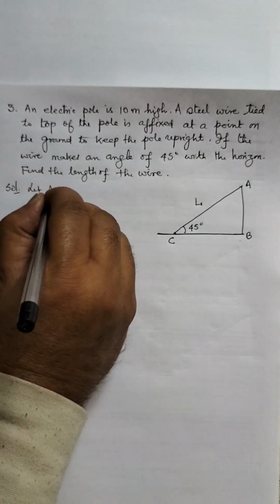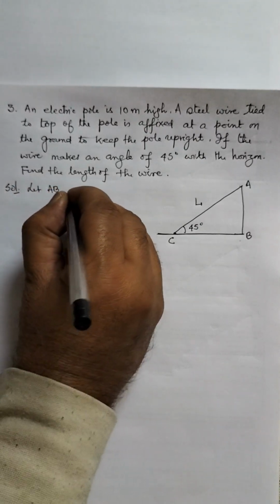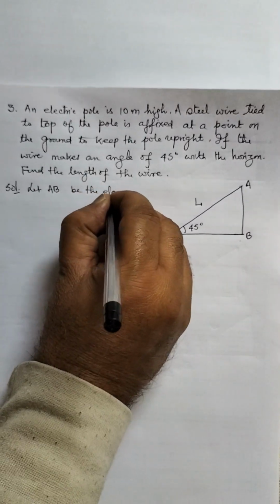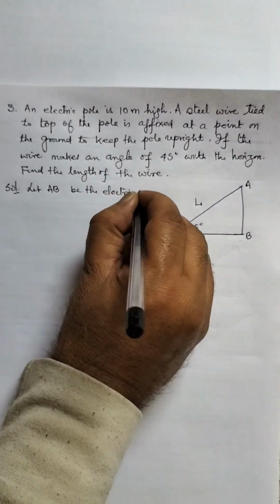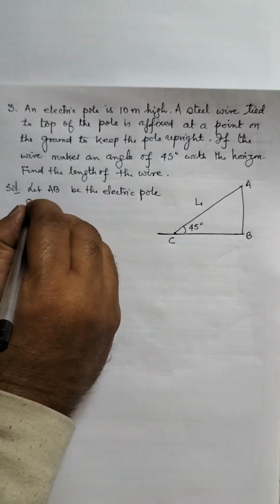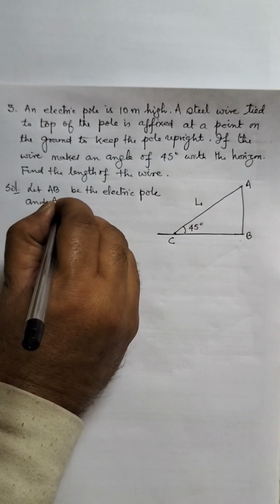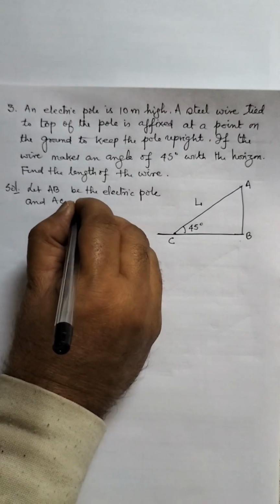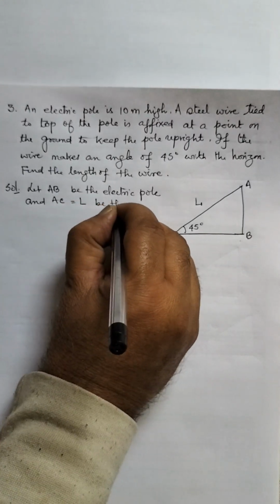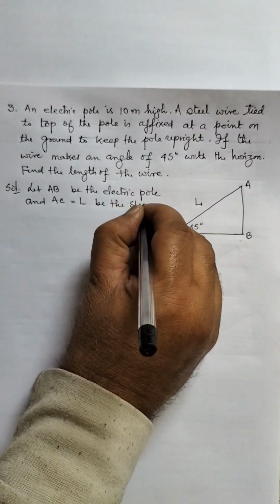Let AB be the electric pole and AC equal to L be the steel wire.